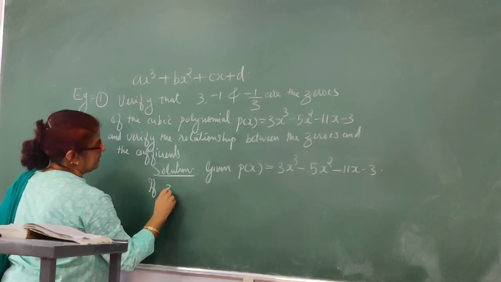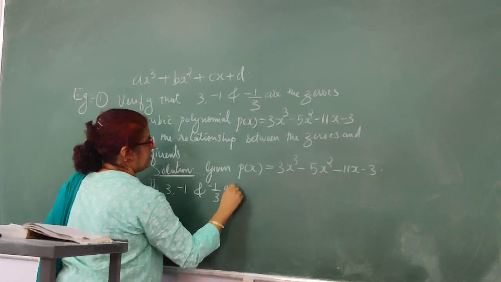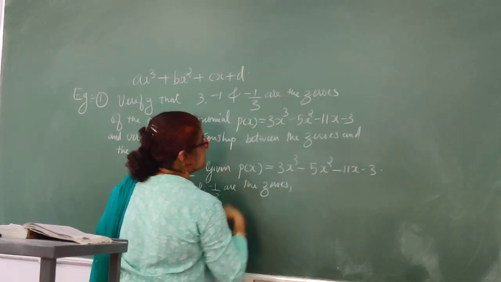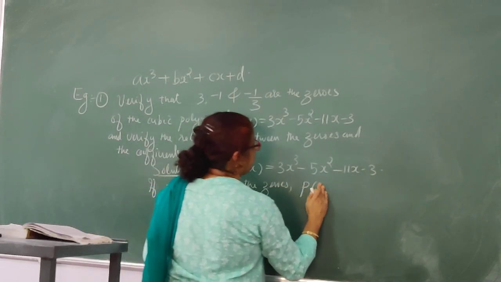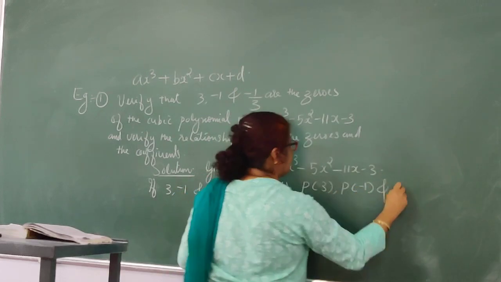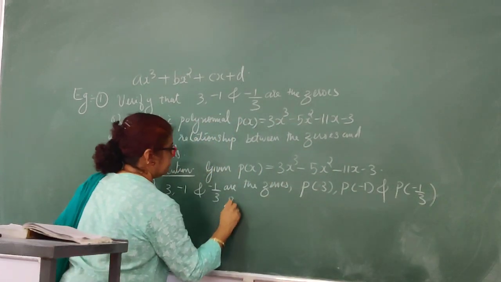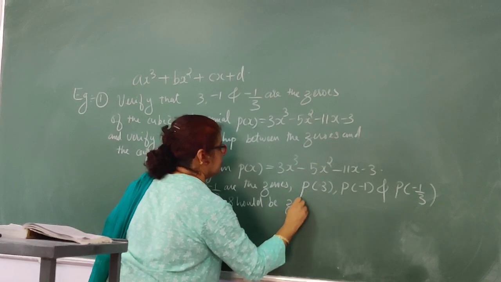If 3, minus 1 and minus 1 by 3 are the zeros, then p of 3, p of minus 1 and p of minus 1 by 3 should be 0.